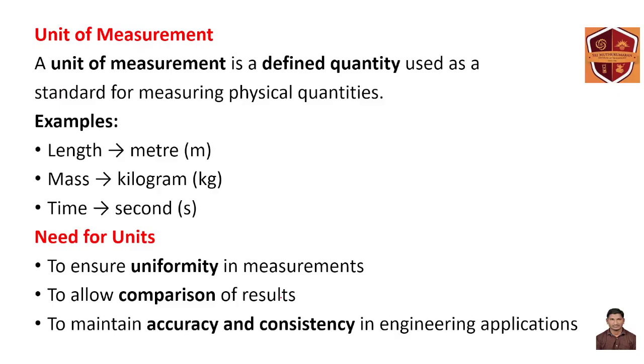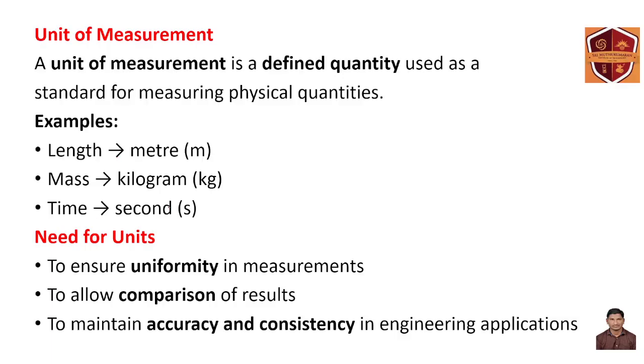Unit of measurements. A unit of measurement is a defined quantity used as a standard for measuring physical quantities. The unit of length is meter, the unit of mass is kilogram, the unit of time is second. Why do we need units?